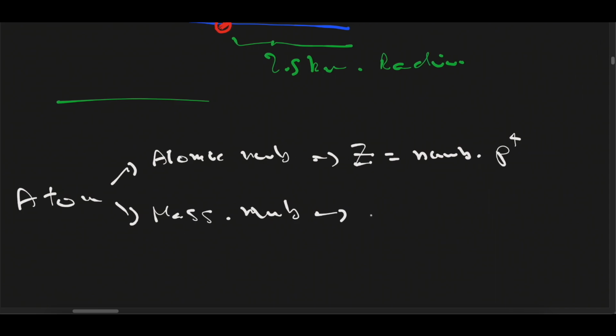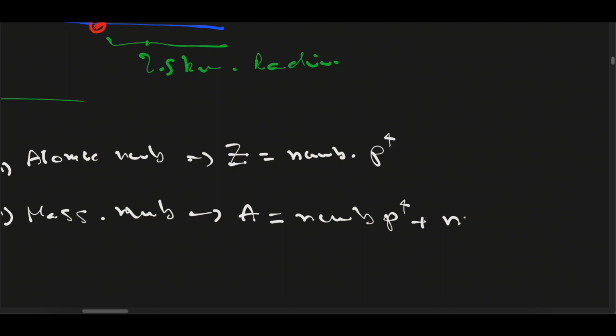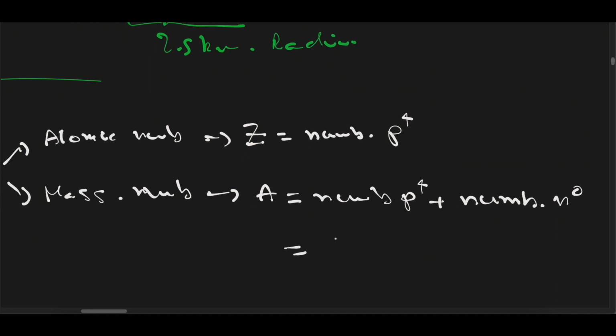The mass number has a symbol of A that represents the number of protons plus the number of neutrons. We can write again Z plus the number of neutrons. That is the mass number.